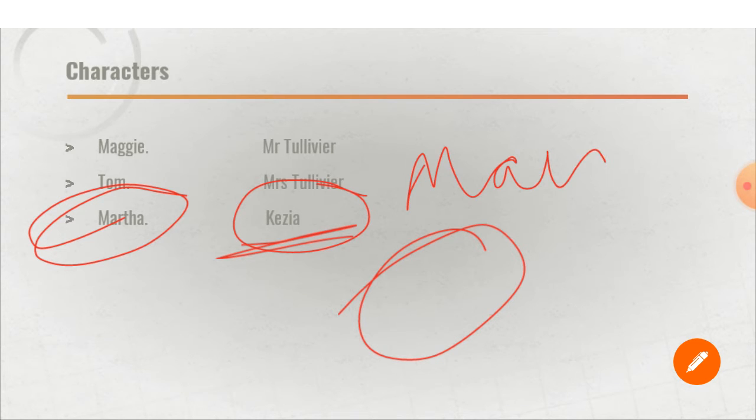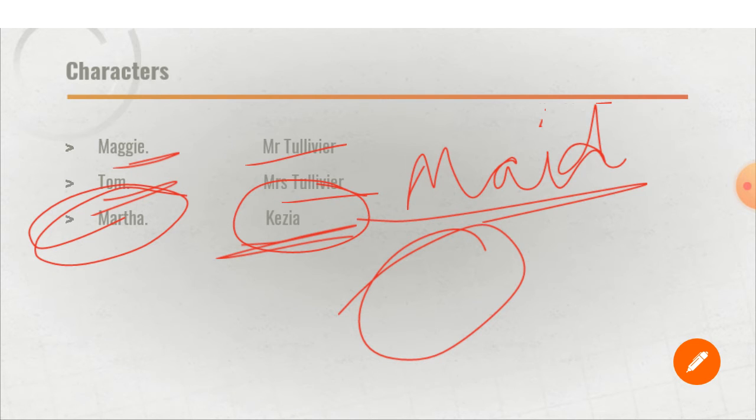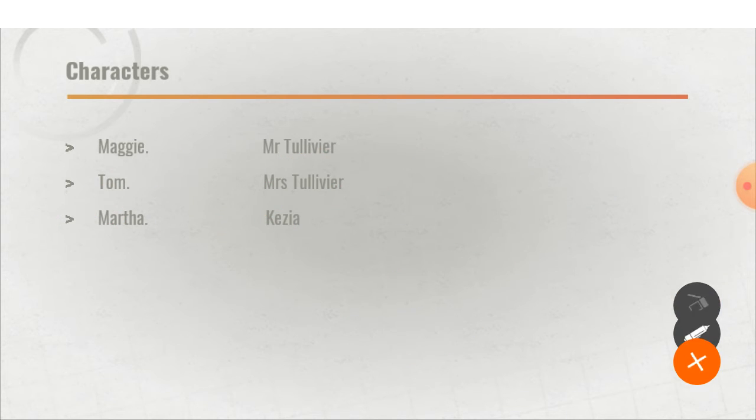Kezia is the maid of Maggie, Tom, Mr. and Mrs. Tulliver. She works as a maid, not the maid of honor, just a maid. The काम करने वाली बाई, okay? Then comes our Mr.